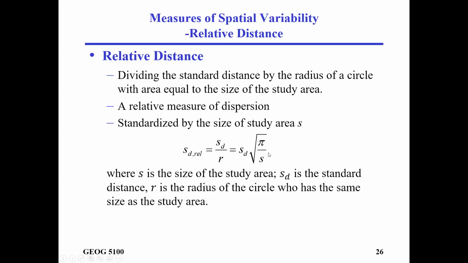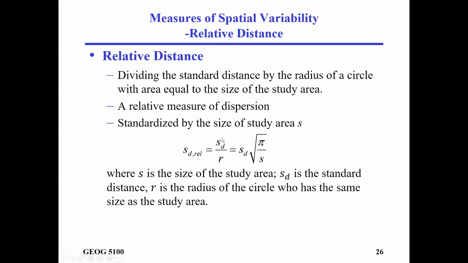It is simply from the formula of a circle size: S equals pi multiplied by the square of R. But now you know S, you know pi, so you can calculate R. This is how you calculate R, right?